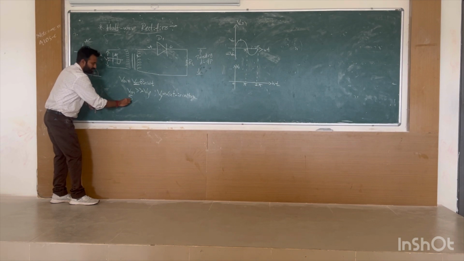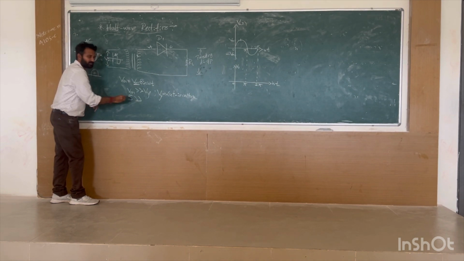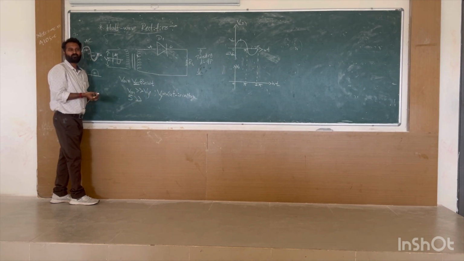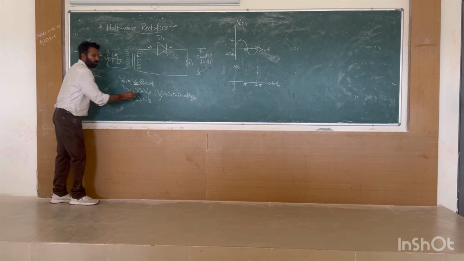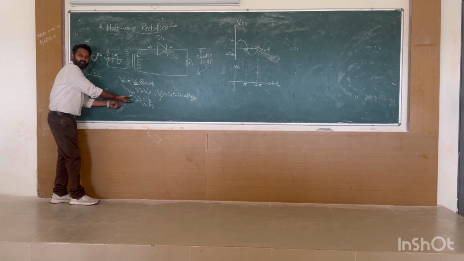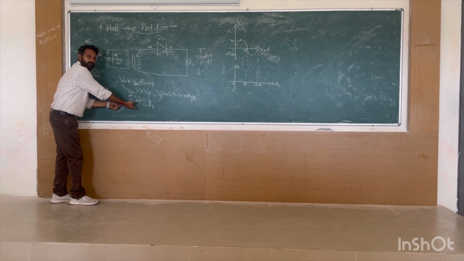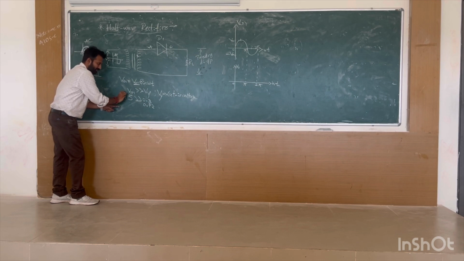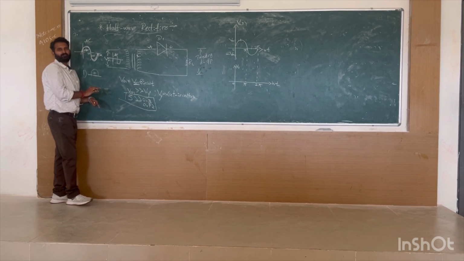If your peak voltage is 5, what is your cut-in voltage actually? Cut-in voltage of a PN junction: germanium 0.3, silicon 0.7. The peak voltage is far greater than the cut-in voltage. Always this condition will be satisfied.